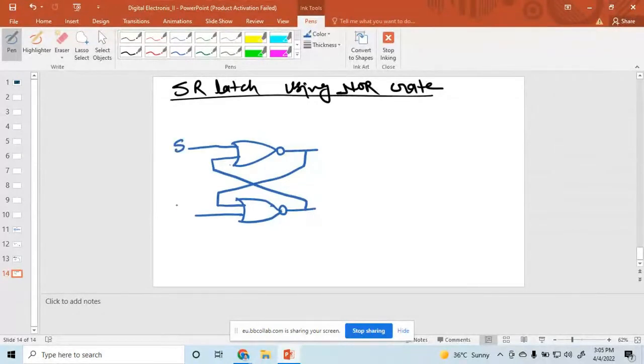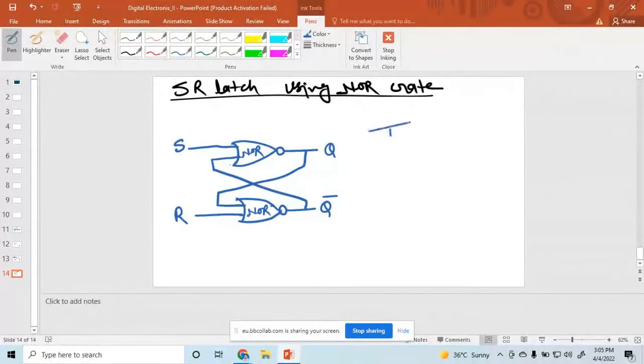So S and R are the inputs and the outputs are Q and Q bar. This is called a NOR gate. So here I am designing an SR latch using a NOR gate.